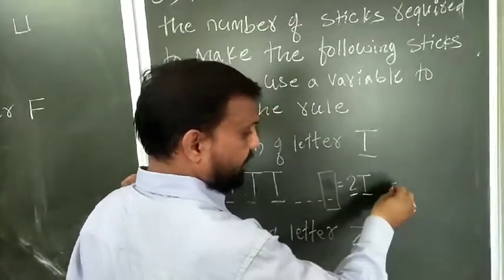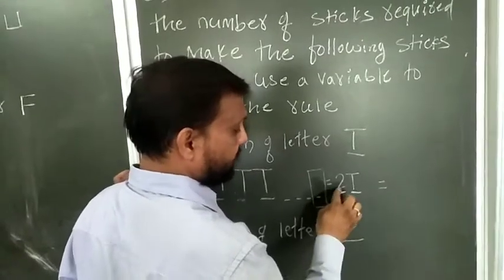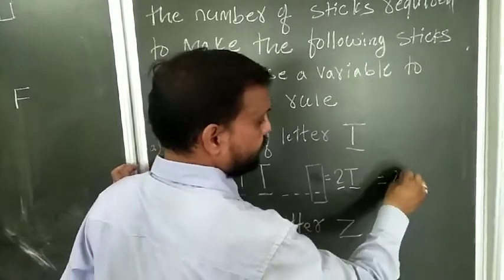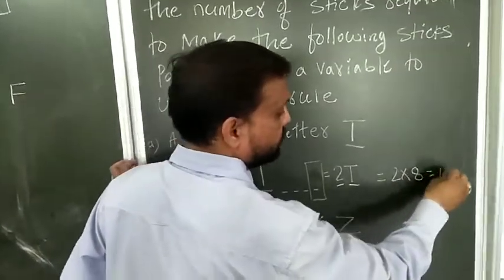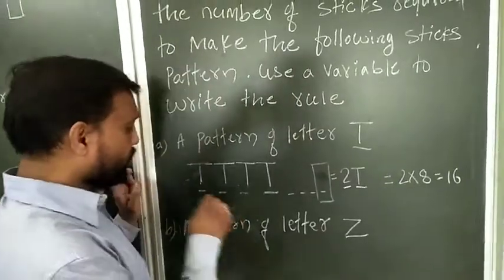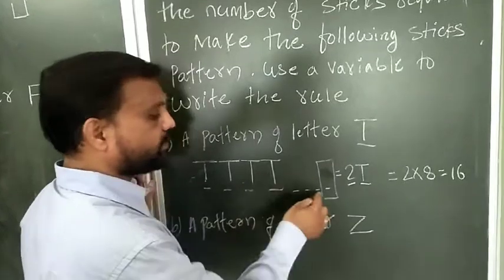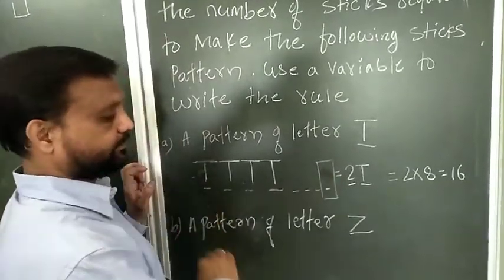When I want the 8th term T, how many sticks do I require? 2 as it is. Number of T here is 8. So you can write 8 in the place of T. So 16. So I require 16 sticks to make the continuous pattern up to the 8th term.